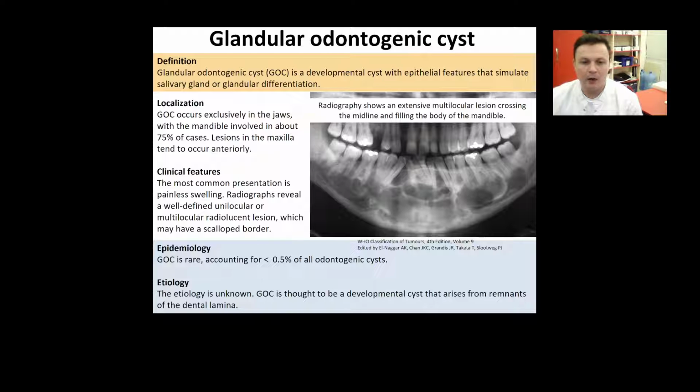GOC is rare, accounting for less than 0.5% of all odontogenic cysts, and occurs over a wide patient age range, with an increased peak in patients aged 40-70 years. There is no sex predilection. The etiology is unknown. GOC is thought to be a developmental cyst that arises from remnants of the dental lamina.